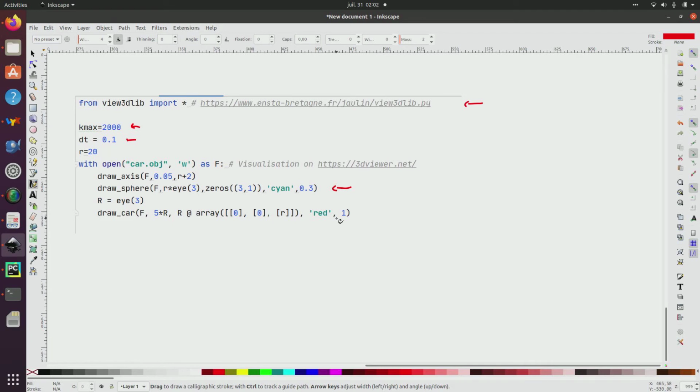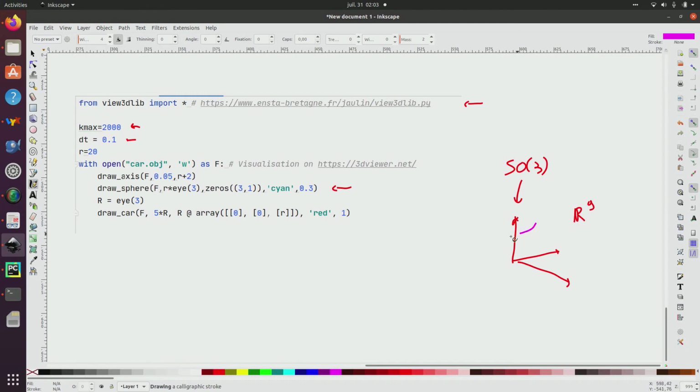I will give an orientation, because the orientation for the car, I recall, I will represent by R. So SO3 is a manifold of dimension 3, but I will embed it in the set of matrices, which is of dimension 9, 3 times 3.